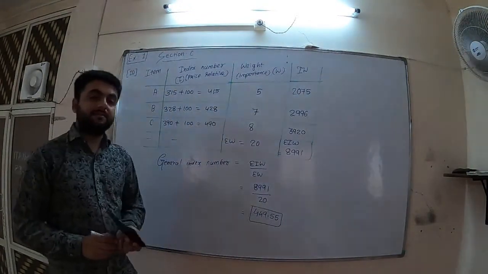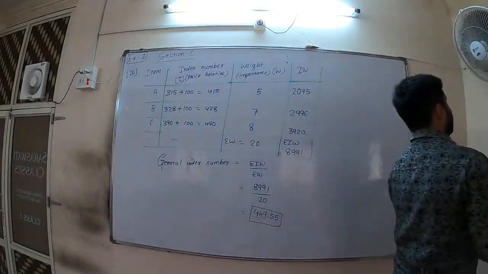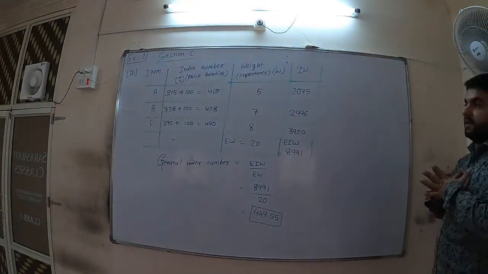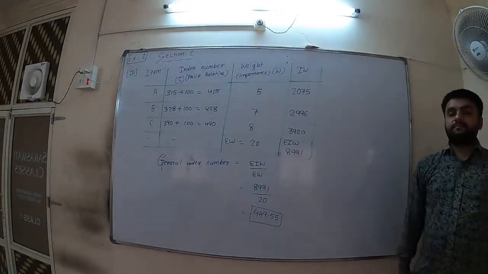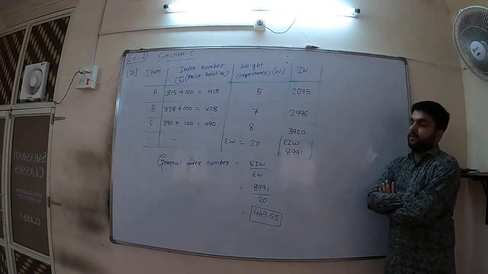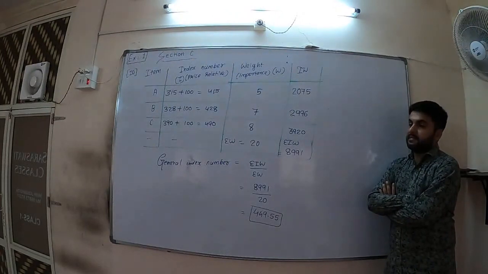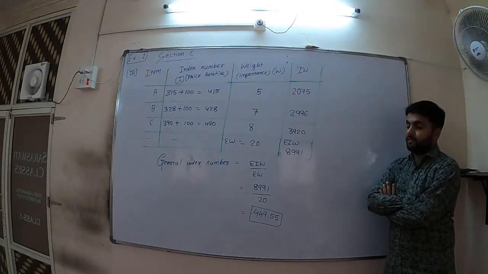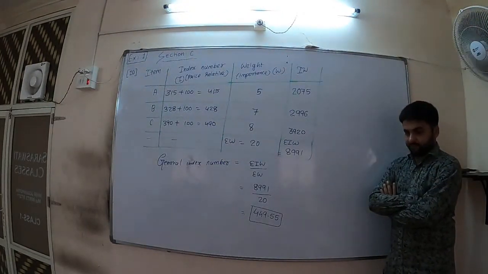Look at the sum. The sum is very easy but very difficult to understand. Everyone can look at the sum. But the important thing is the price relative. What you should know is the importance, which is the weightage.